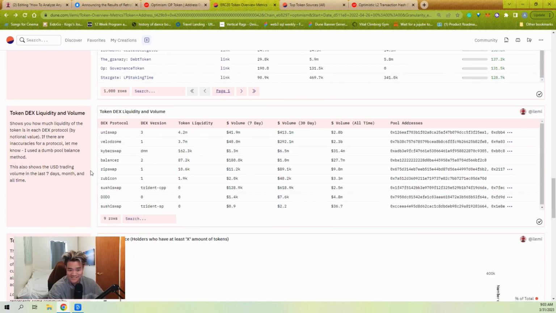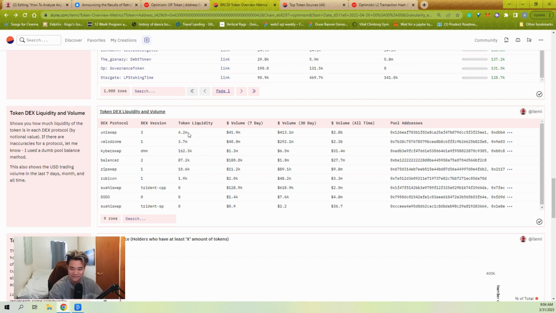No liquidity analysis is done without some sort of DEX specific analysis. So here I'm saying, all right, let me see the OP tokens liquidity per DEX protocol and the volumes, right? If I wanted to be an LP or even just a trader, I would want to know what protocols to swap or provide liquidity to. So here I can see that Uniswap and Velodrome are basically competing for the top spot.